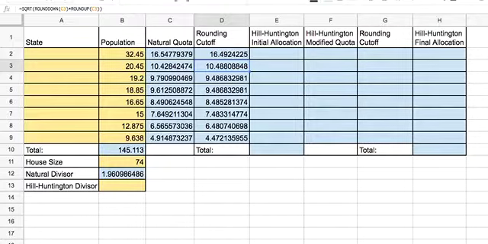Natural quota. So the formula is written up here as well. We can see that.